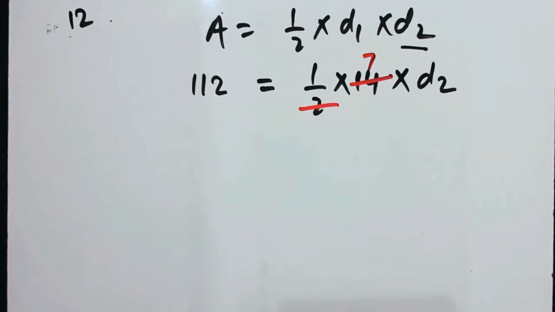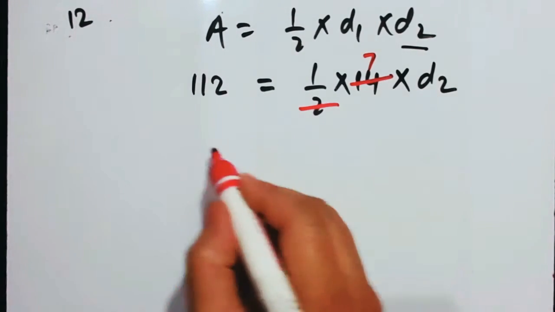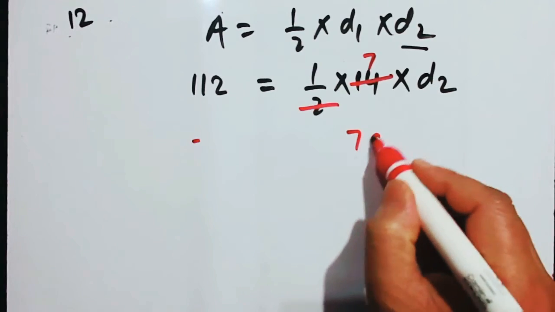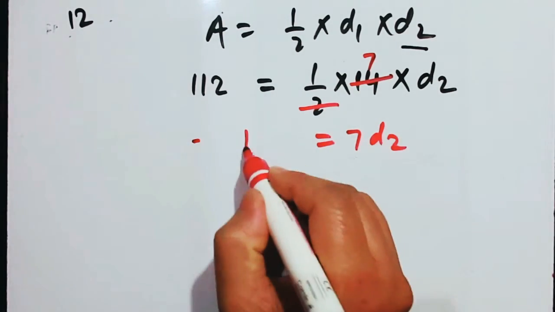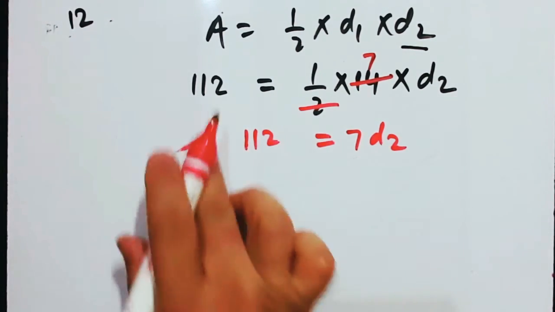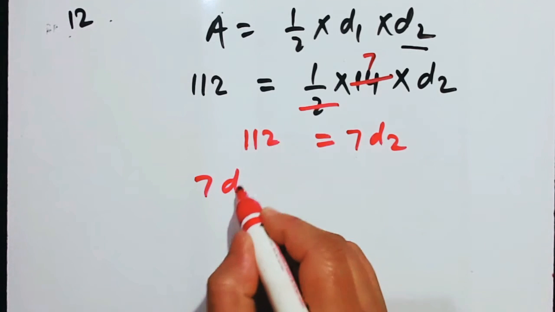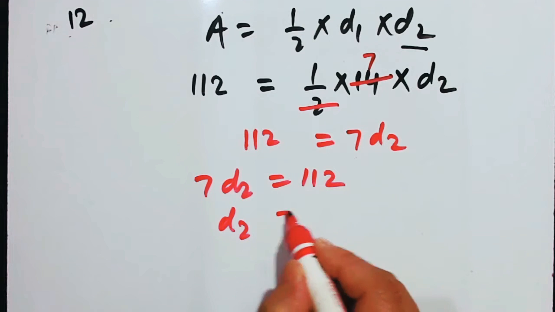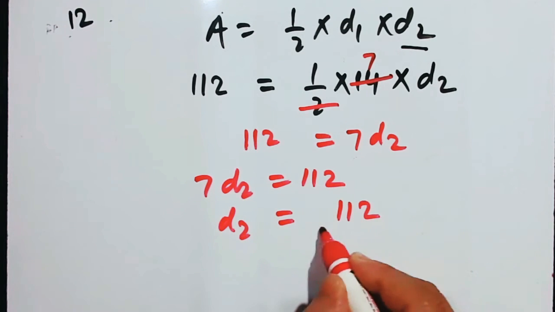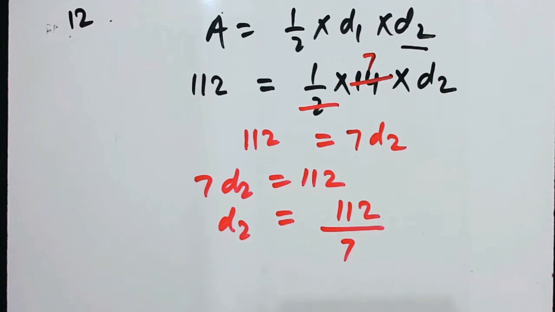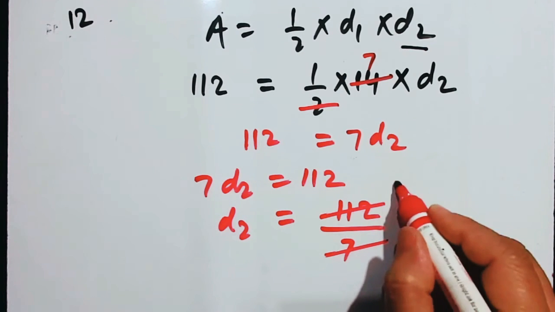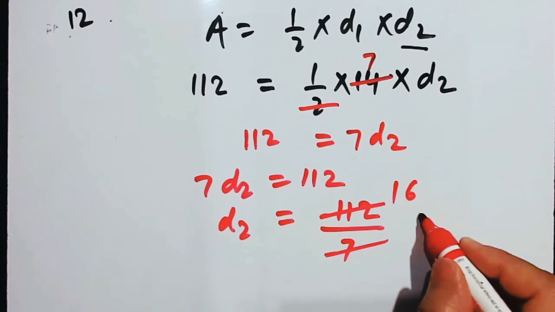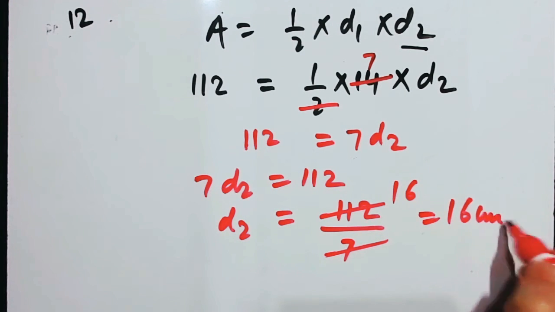When you cancel this, you will get 7d2 is equal to 112. So the second diagonal is equal to 112 divided by 7. 7 1 times 7, 7 6 are 42, which is equal to 16 centimeter.